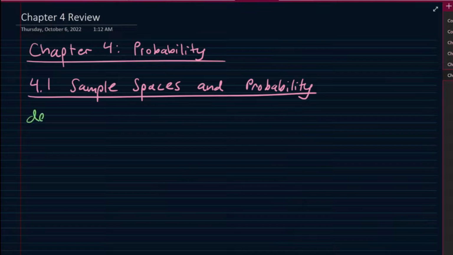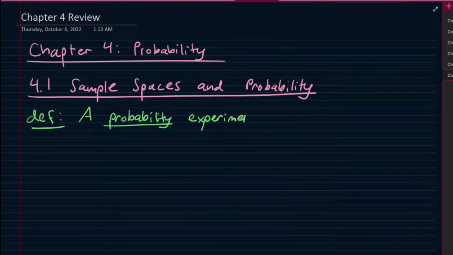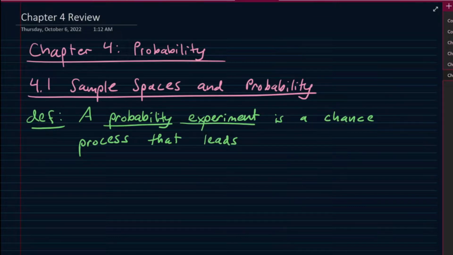Number one, a probability experiment is a chance process that leads to well-defined results called outcomes.